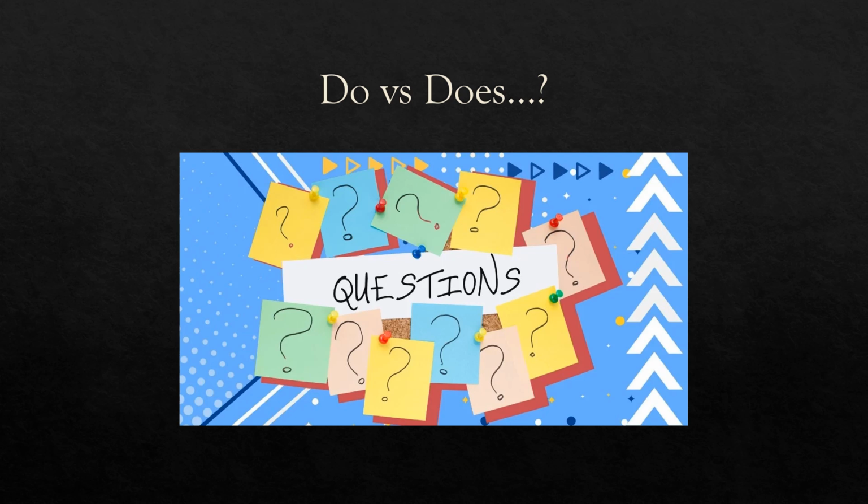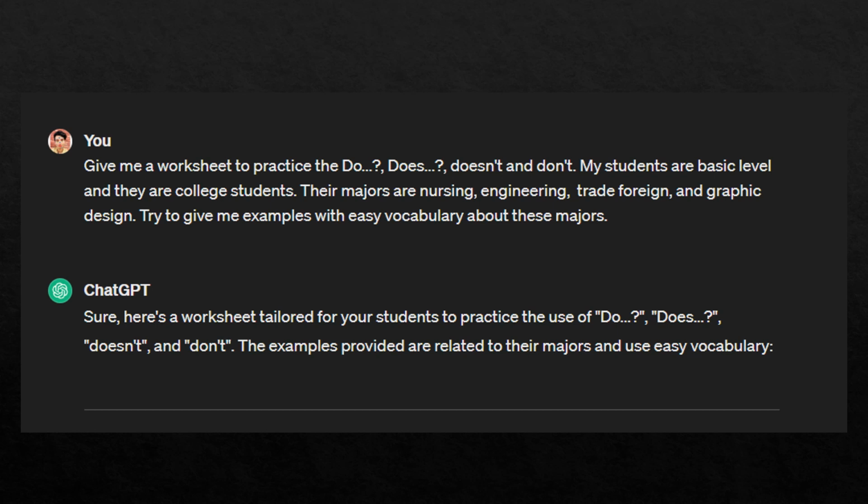Do you like this? Does he like that? Okay. So my students needed some examples, some feedback, a refresh, a review, I don't know. And I asked ChatGPT to give me a worksheet to practice do, does, doesn't, and don't. My students are basic level and they are college students, okay?